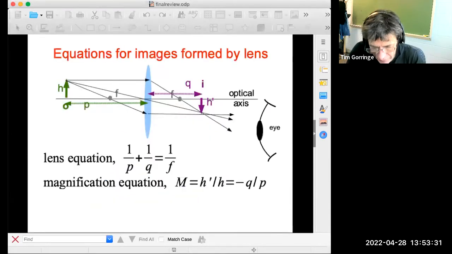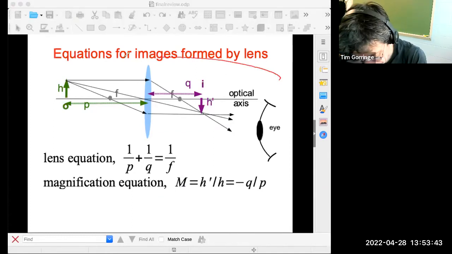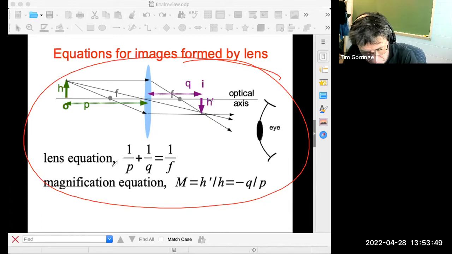And actually, there's the same set of equations for the images formed by lenses as there were for images formed by mirrors. So that's an important point. If you look, this is a sketch of images formed by lenses. Again, there's the same equation.